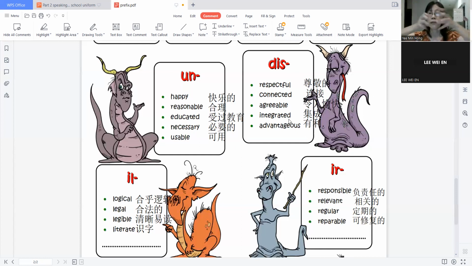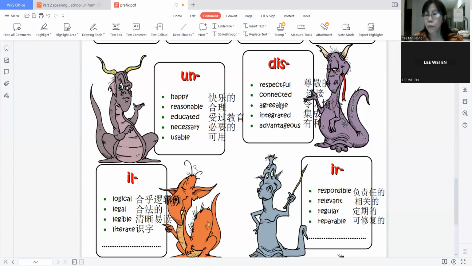Integrated means you have different branches and you integrate them together, a diverse group of people, or diverse ideas, thoughts or concepts, you integrate together. Advantageous means useful, beneficial.